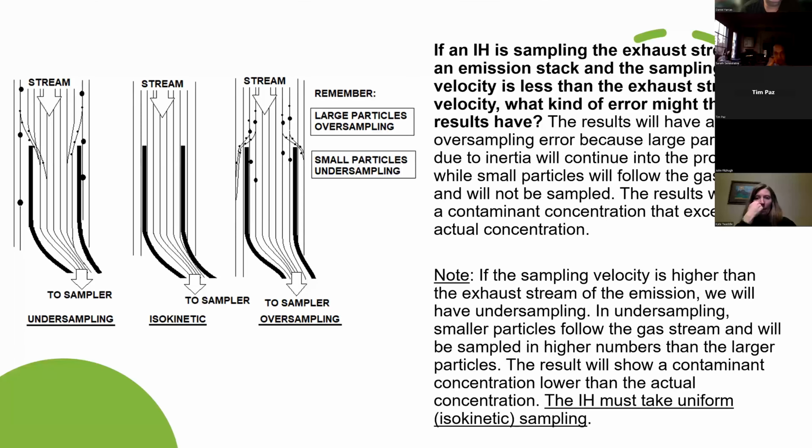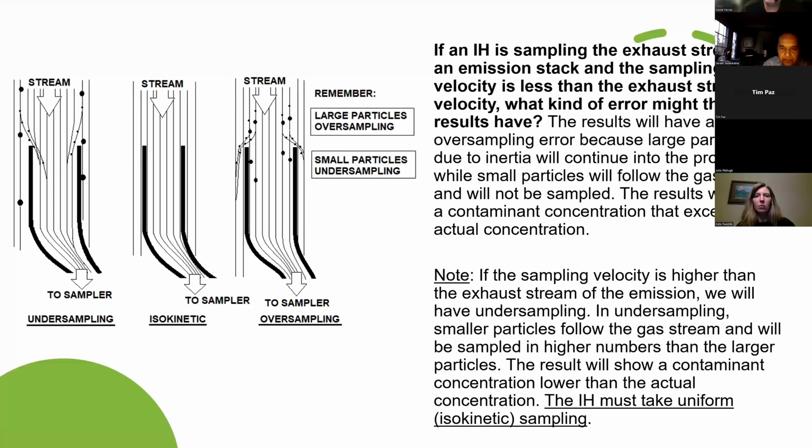Also, this is another problem when you're doing sampling, and I've seen this a lot of times during the CIH exam. It says if an IH is sampling the exhaust stream pipe of the emission stack and the sampling velocity is less than the exhaust stream velocity, what kind of error might the results have?